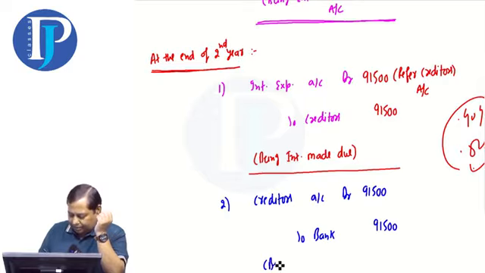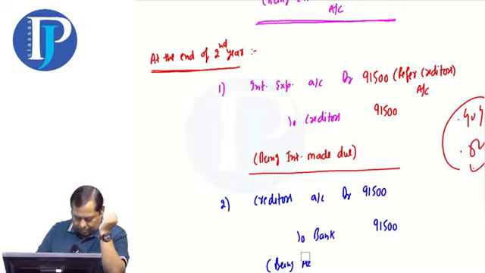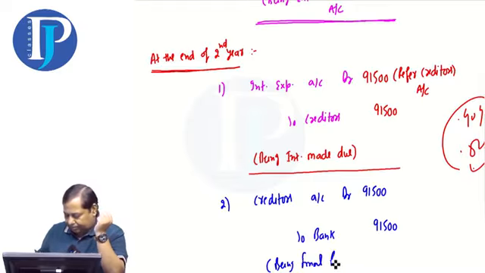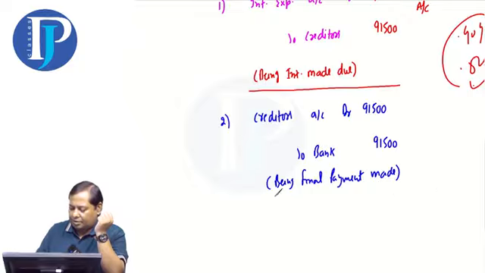And I will write being final payment made. The final payment made to the creditors.